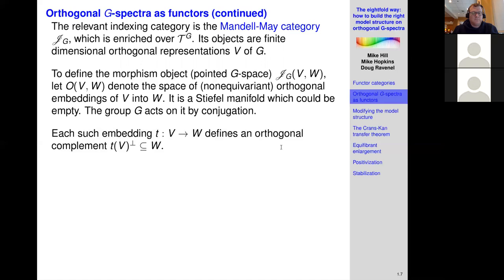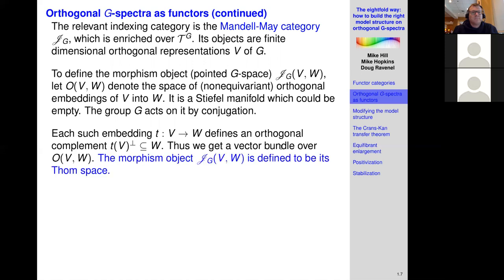Now, if you have an orthogonal embedding, little t, of V into W, it has an orthogonal complement. And the dimension of that orthogonal complement is independent of the choice of embedding. So that means you can use that to define a vector bundle over this embedding space, over this Stiefel manifold.